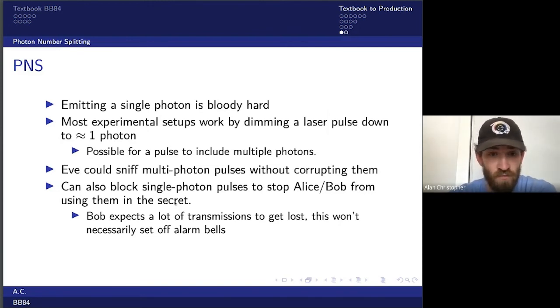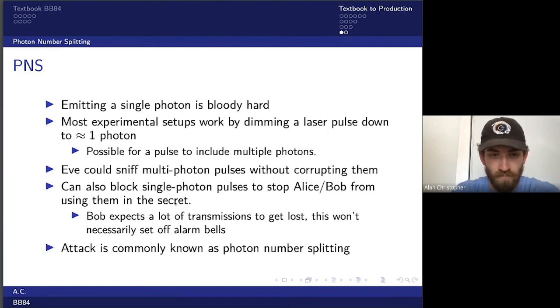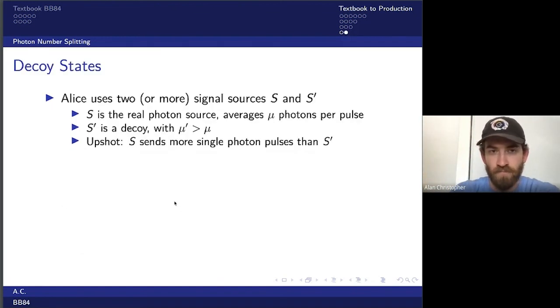So doing this won't necessarily set off alarm bells, but it will further increase the number of bits of information that Eve can steal without compromising herself in terms of intercept resend detection, like we discussed earlier. And this is called photon number splitting because you're splitting a number of photons apart to do your attack.